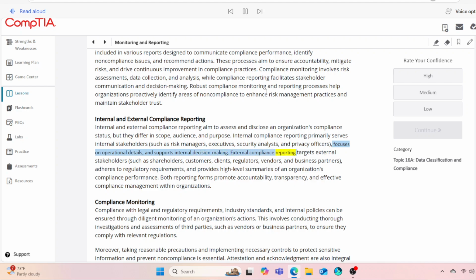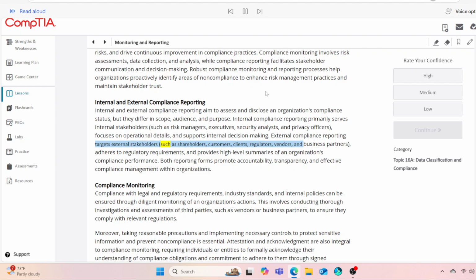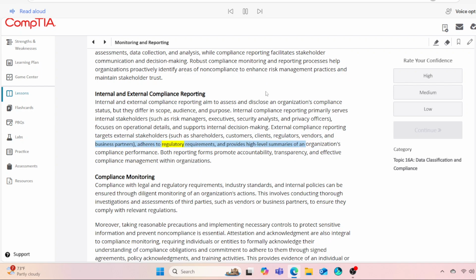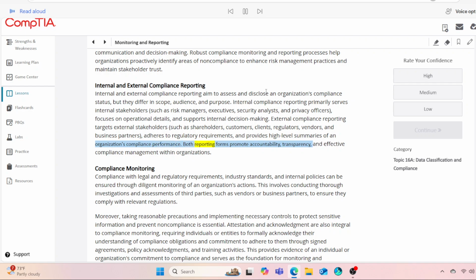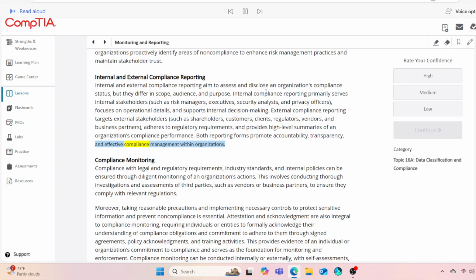External compliance reporting targets external stakeholders such as shareholders, customers, clients, regulators, vendors, and business partners, adheres to regulatory requirements, and provides high-level summaries of an organization's compliance performance. Both reporting forms promote accountability, transparency, and effective compliance management within organizations.